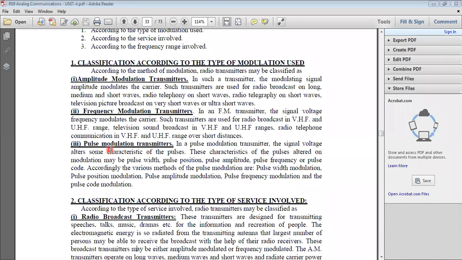So again, in pulse modulation, by changing the characteristics of the pulse, we have different methods. If we change the width of the pulse, then it is called PWM. If we change the amplitude, then it is called PAM. If we change the position, then it is called PPM. If we change the frequency, then it is called pulse code modulation or pulse frequency modulation.